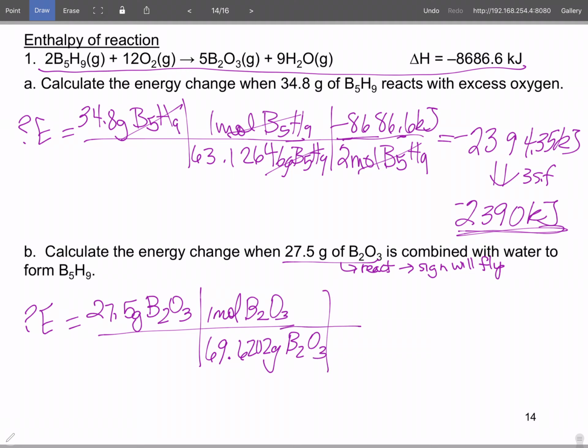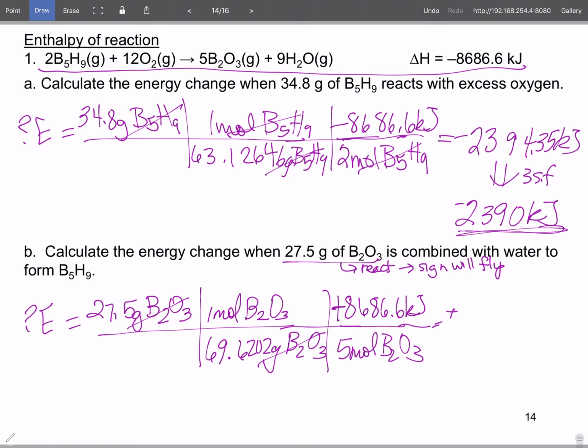trioxide. Okay, so our grams cancel, we're left with moles, and we know according to this equation, we're going to have 5 moles of B2O3. But for every 5 moles, we are going to get 86.6. But it was negative. We're going to flip the sign, so now it's going to be positive.